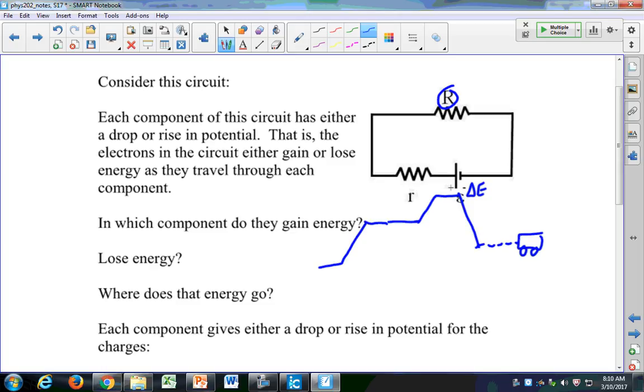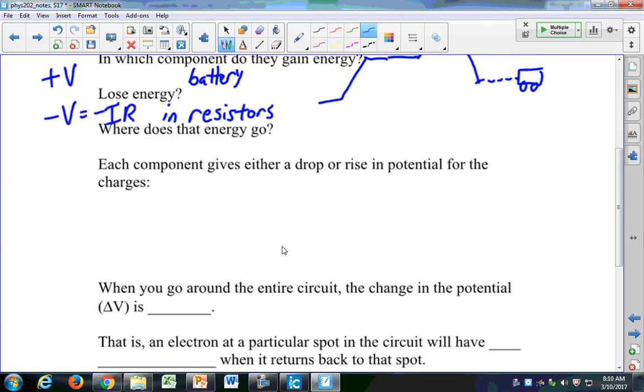So the component that gains energy is the battery, or the power supply, whatever your source of EMF is. And in the resistors, they lose the energy. So we can think of a positive potential right here and a negative change in potential here, and that's going to be equal to my negative I times R. All that energy will go into mechanical or thermal energy usually.